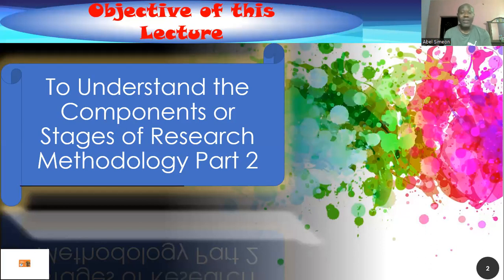In part one, I told you that research methodology begins at the identification of the problem. Next is transmutation, transmuting the identified problem to a researchable problem, which is the topic.